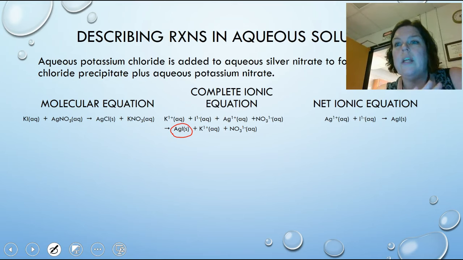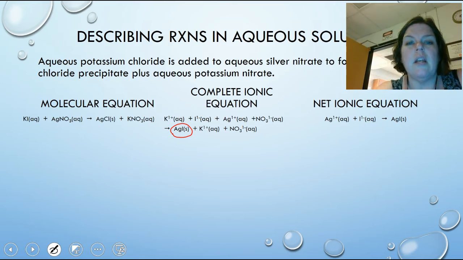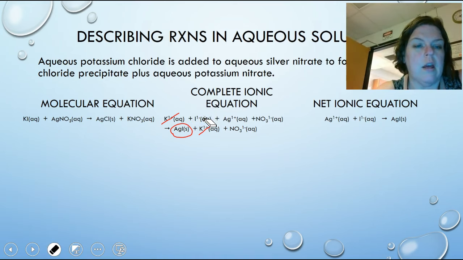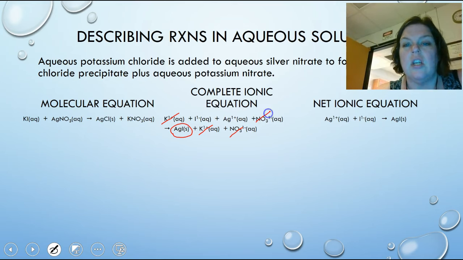The net ionic only includes the important pieces. So anything like the potassium that hasn't changed on either side, and the nitrate that hasn't changed on either side, are gone away, leaving us with silver and chloride.